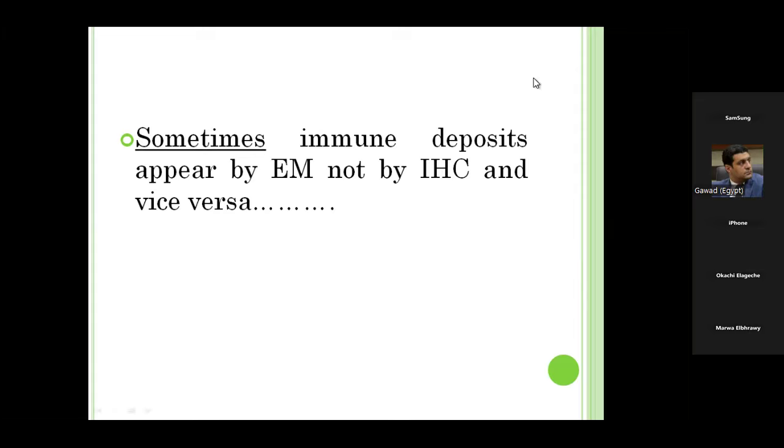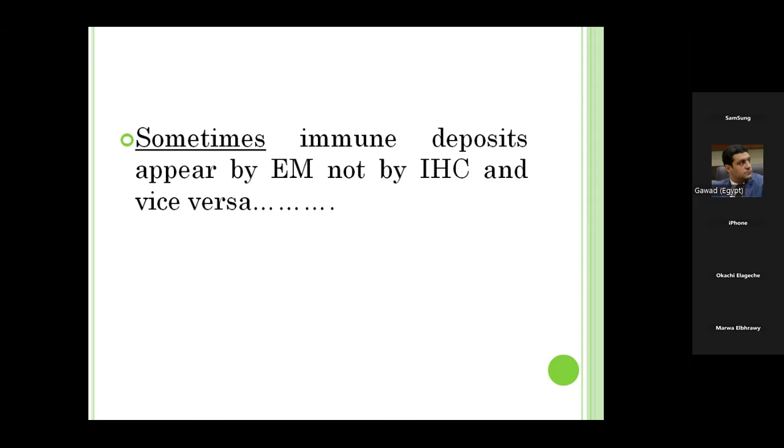We should know that sometimes immune deposits may appear by EM and not by immunofluorescence, and vice versa, especially with the segmentally sclerosed cases. So that's why we may need to do both modalities. By rule, we need to do immunohistochemistry, electron microscopy and light microscopic examination for all cases, but sometimes financially we cannot.